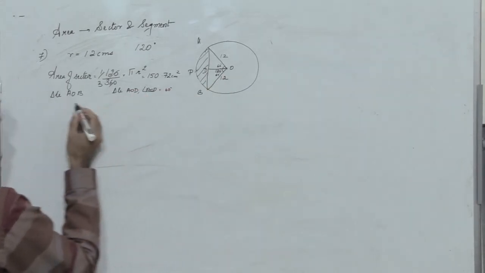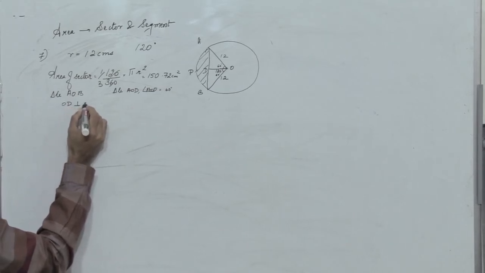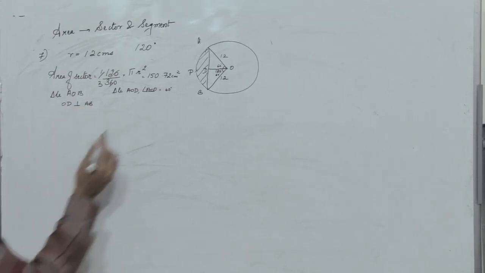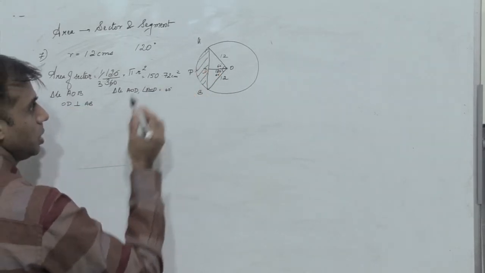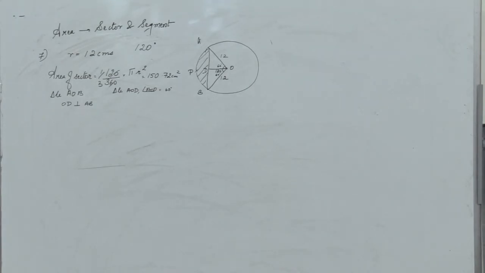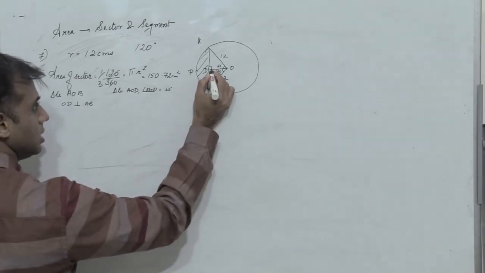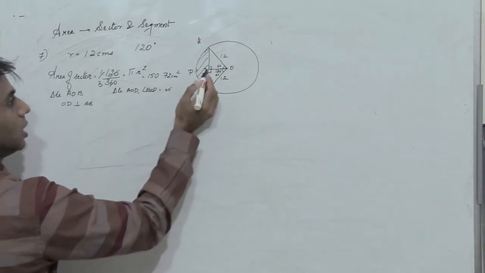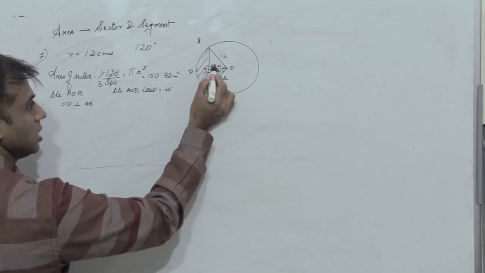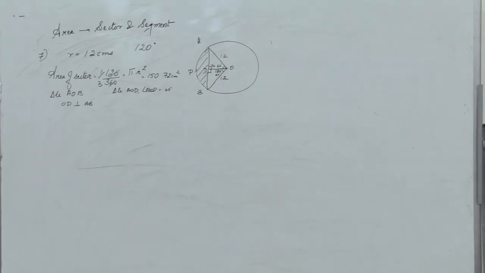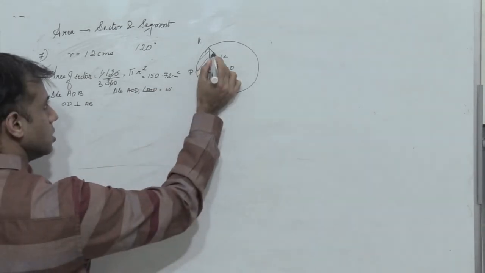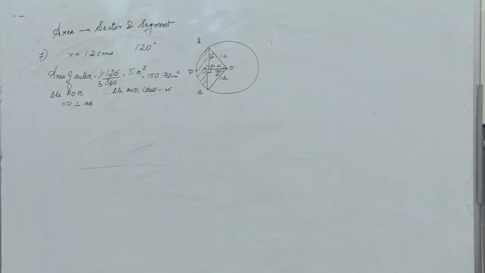And we also know that OD is perpendicular to AB. So we have chosen the line OD to be perpendicular to line AB. Therefore, this angle is 90 degrees. So this is 90, this is 60. The sum of all the three angles of a triangle is 180 degrees. So this angle is of course 30 degrees.